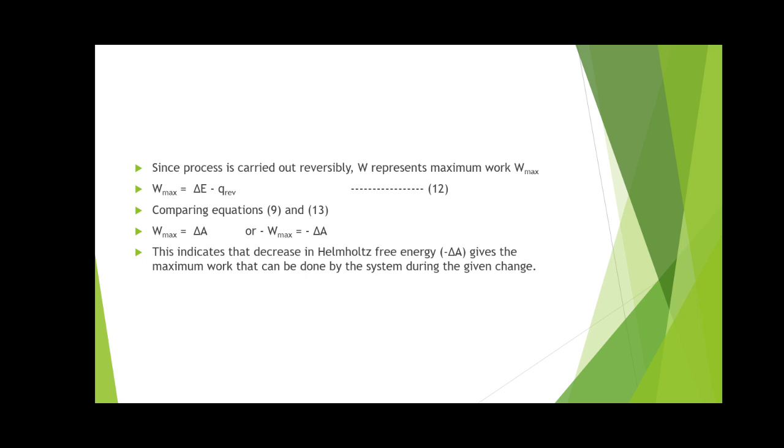W max becomes equal to minus delta A, or minus W max is equal to delta A. This equation indicates that the decrease in free energy, minus delta A, gives the maximum work that can be done by the system during the given change. This whole expression is called the Helmholtz free energy expression or equation.